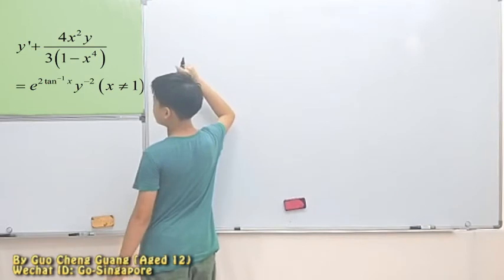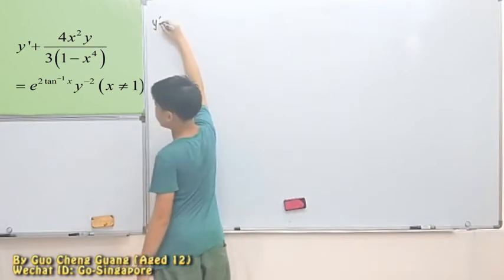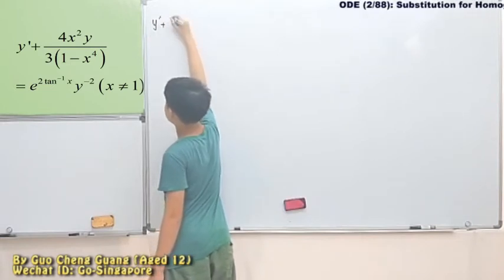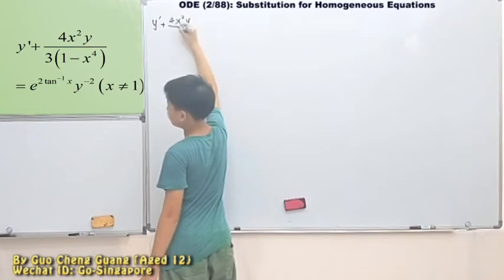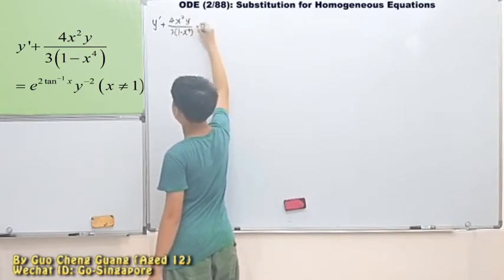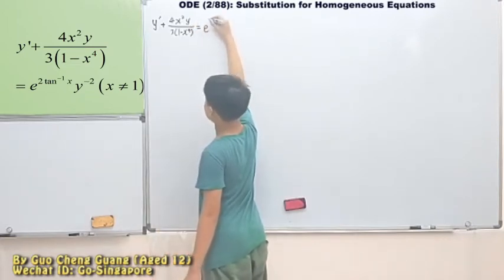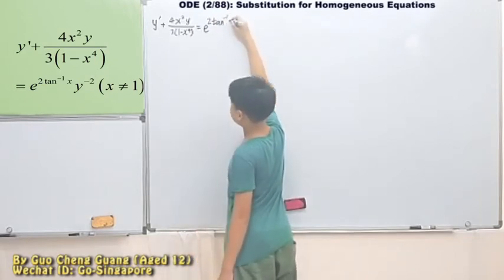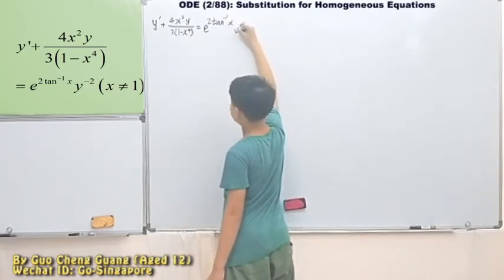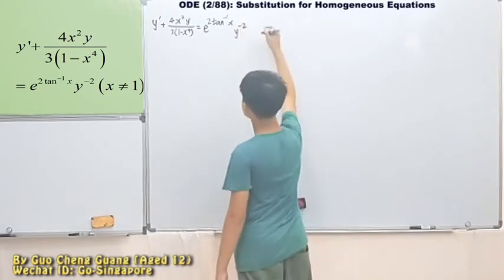Now for this lesson, over here we have y first derivative plus 4x squared y over 3 bracket 1 minus x to the power of 4, equals e to the power of 2 inverse tangent x times y to the power of negative 2.